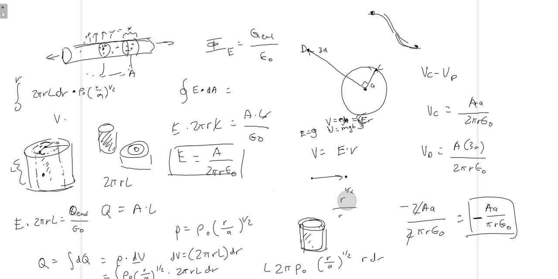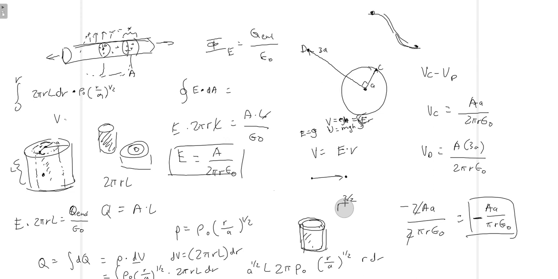So it looks like this, times r to the 1, so I can combine these to be r to the 3 over 2, right? And then I can pull this a to the 1/2 out, so then it's just r to the 3 over 2.